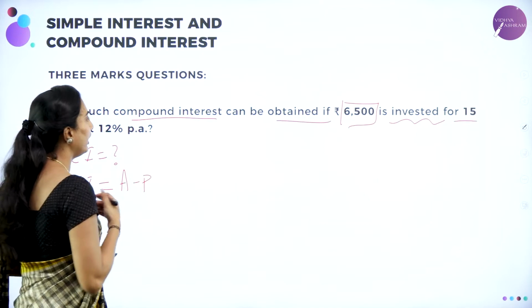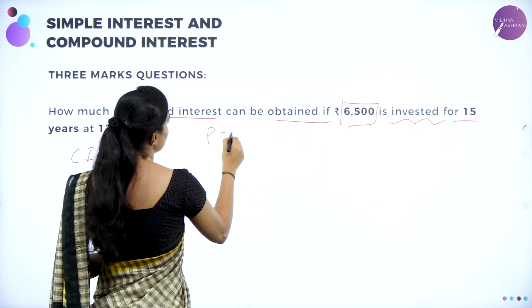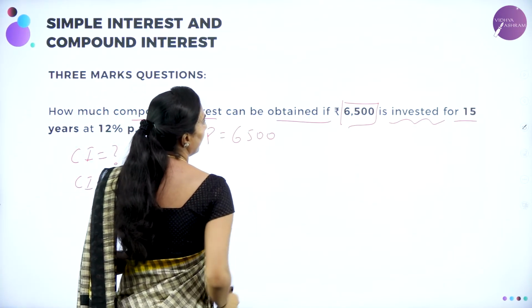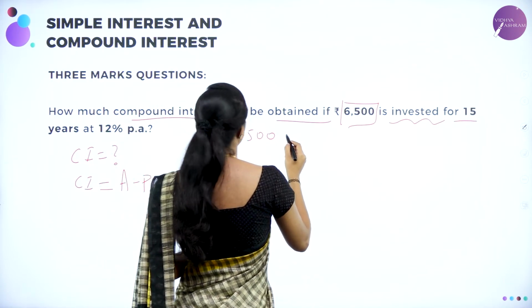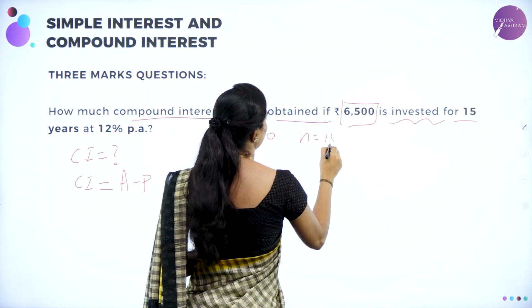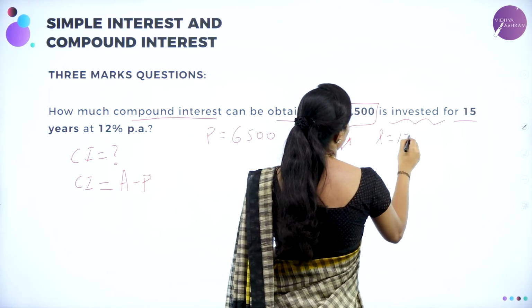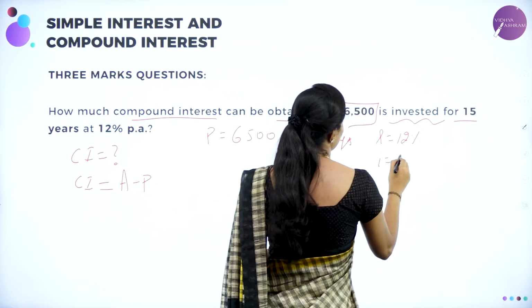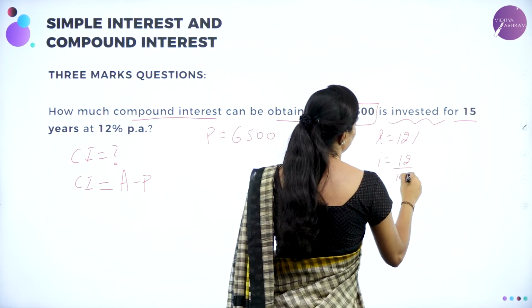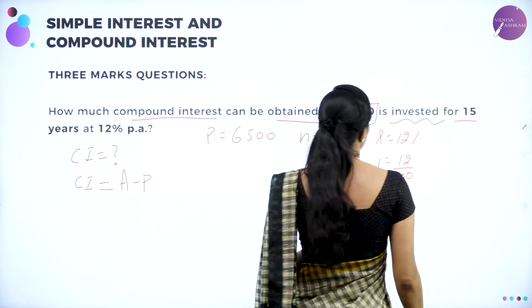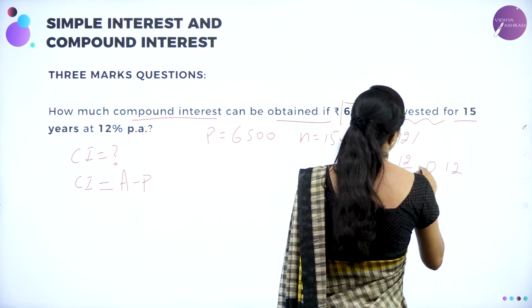Now we need to find out A. P they have given as 6,500, invested for 15 years, so N is equal to 15 years, and R is equal to 12%, and I will be 12 divided by 100. Correct? So you are going to have 0.12.